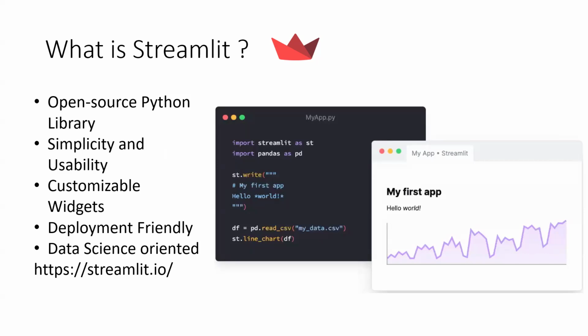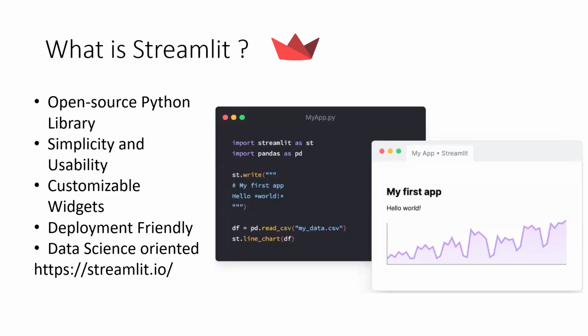So the first question is, what is Streamlit? As I said, this is an open source Python library. All you need to do is install the Streamlit library, and then you are good to go. You use it to create your user interface. It is very simple, very usable, and it has customizable widgets.